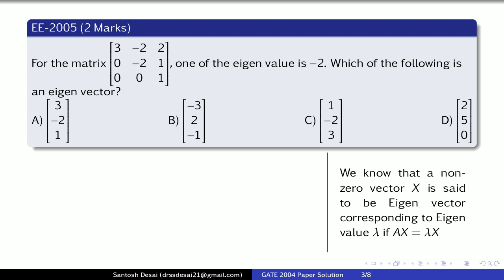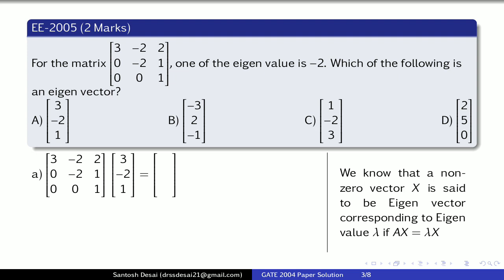If the new column vector is our multiplied vector, then we say that that vector is an eigenvector. So for this let us consider option A first and consider the multiplication of the given matrix A and option A, and we know how to multiply two matrices. So obviously the matrix multiplication exists. Its first element you will get is 3 into 3, that is 9, plus -2 into -2, that is 4, 13, plus 2, so you get 15.